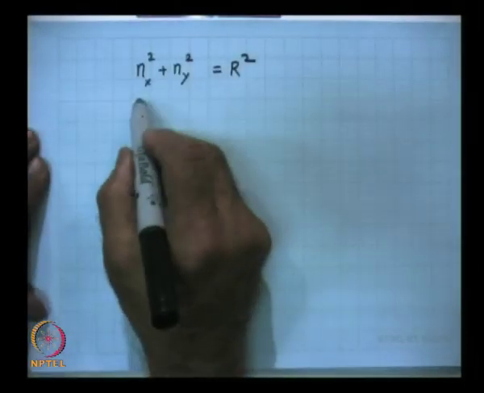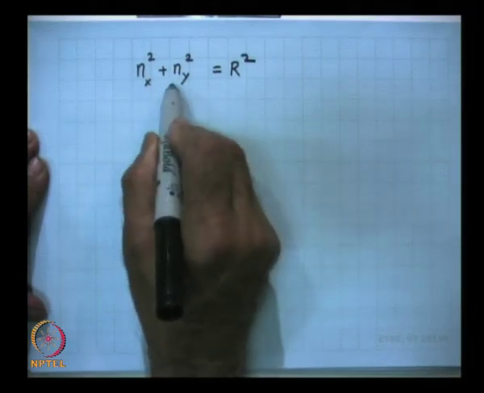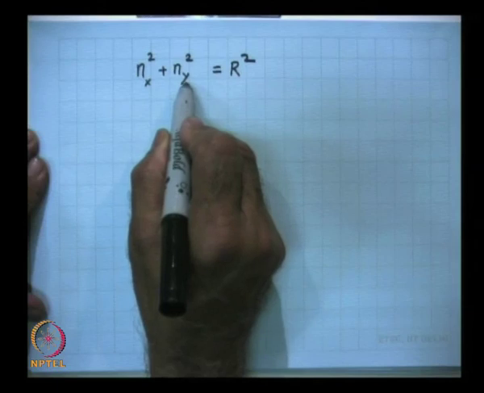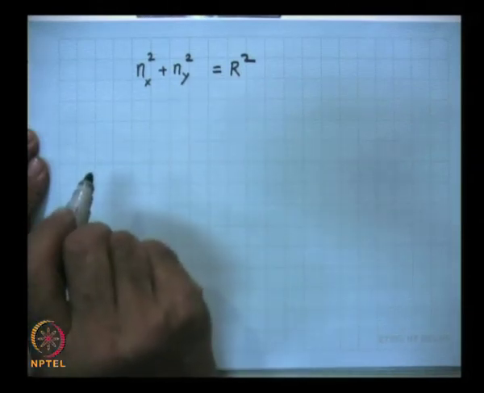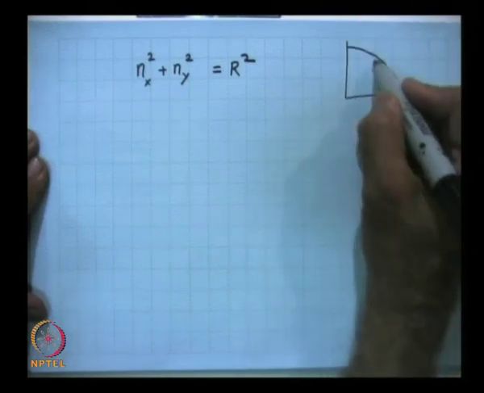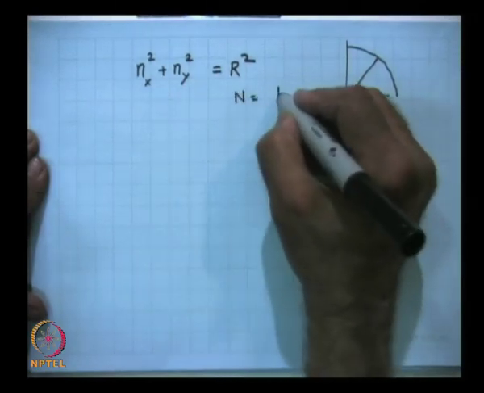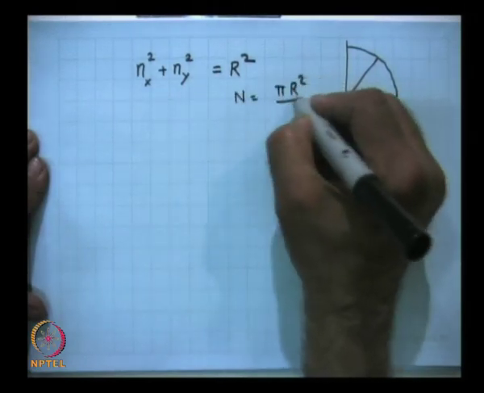So if I want to find out the sets of integers such that nx square plus ny square is less than r square, then I have to draw a quadrant of a circle of radius r, and the number of sets of integers will be equal to pi r square by 4.